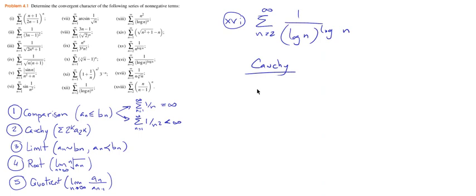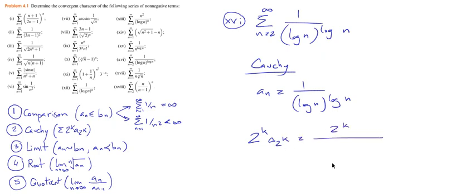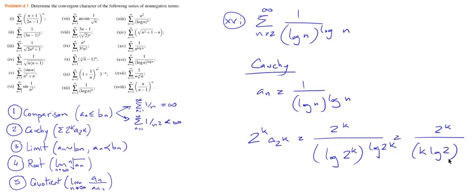Okay, so we have a sub n is 1 over the logarithm of n to the logarithm of n, and now we have to remember 2 to the k times a sub 2 to the k, right? And so we have 2 to the k divided by the logarithm of 2 to the k to the logarithm of 2 to the k, which is equal to 2 to the k divided by k logarithm of 2 to the k logarithm of 2.